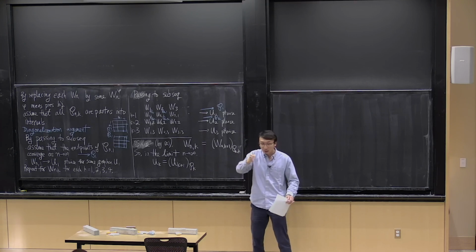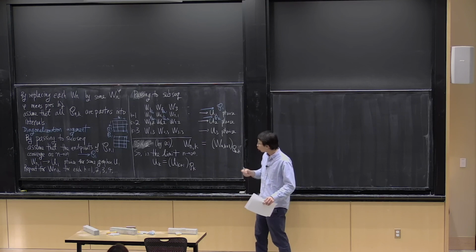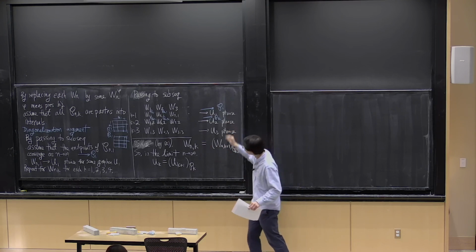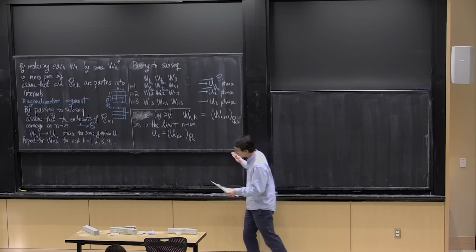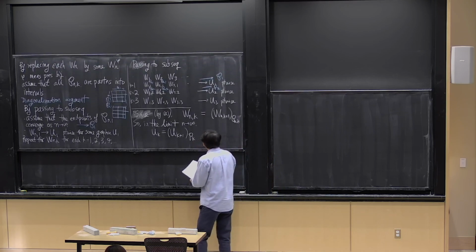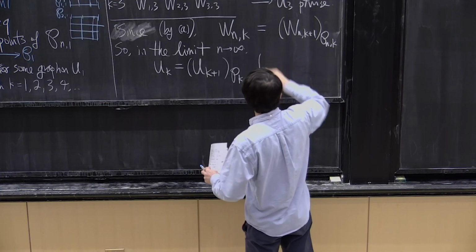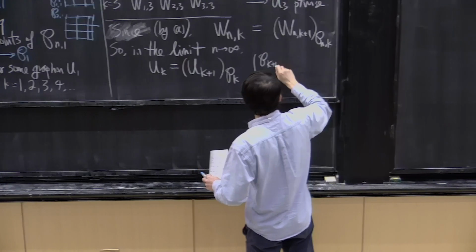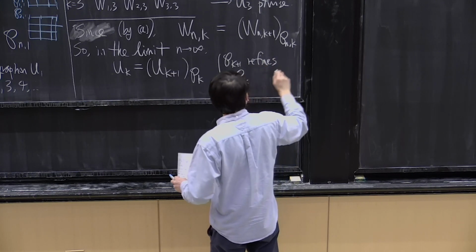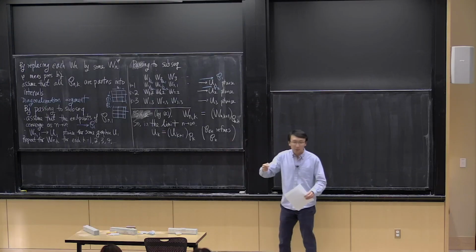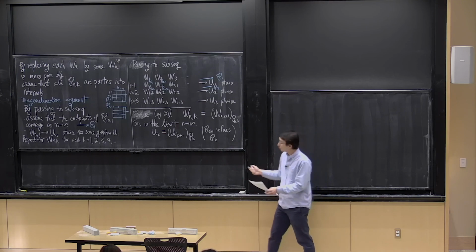So if you look at where the divisions of intervals go, they converge, and I'm calling the limit partition P sub k. And here we're using that P sub k plus 1 refines P sub k, because the same is true for each n, so in the limit, the same must be true as well.